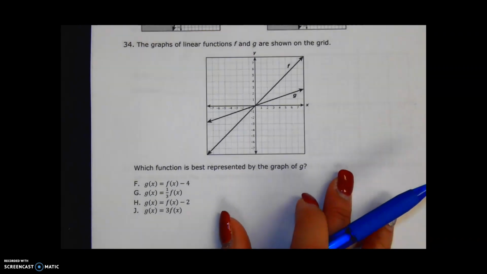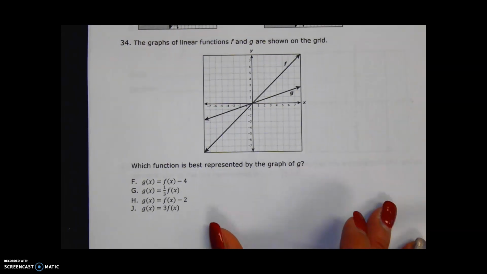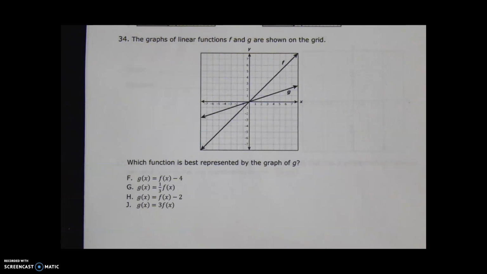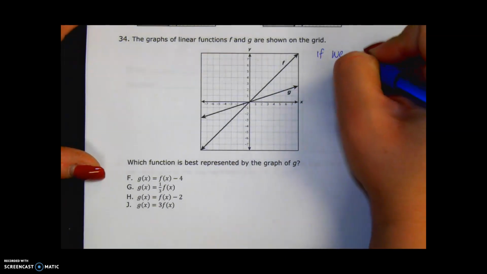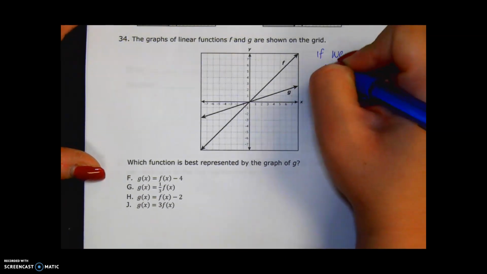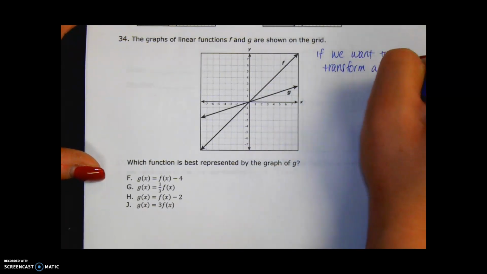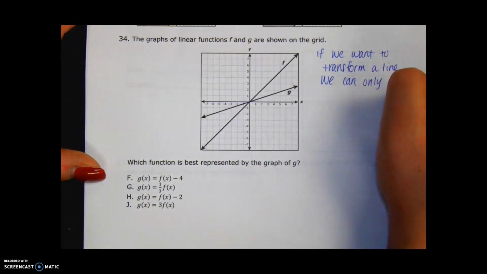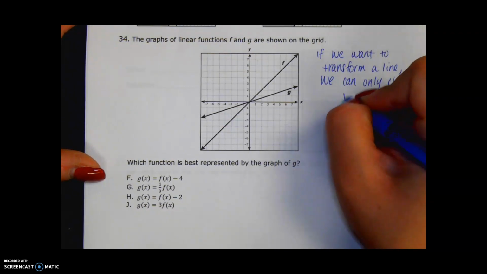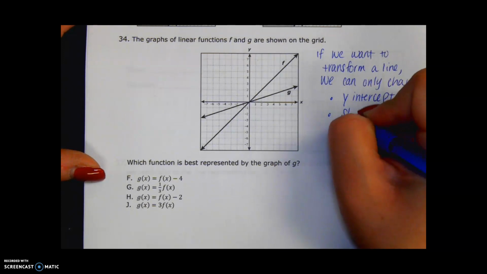Number 34. So this one we've done in the past. It was called linear transformations. If I'm looking at these two graphs, there are two things that we could do to change it. Now if we want to transform a line, we can only change the y-intercept and the slope.